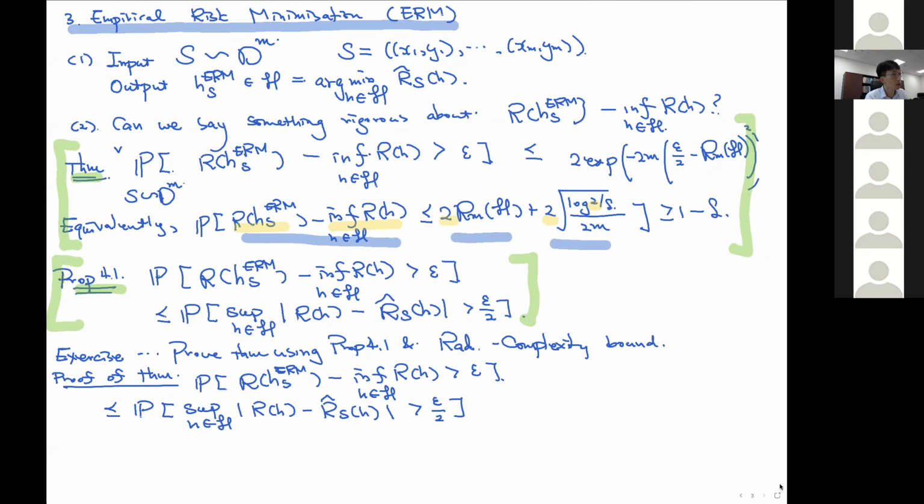But what does this mean? This means that the supremum is greater than epsilon over 2, with a strict inequality.